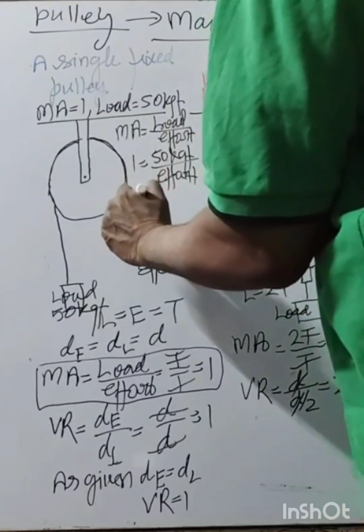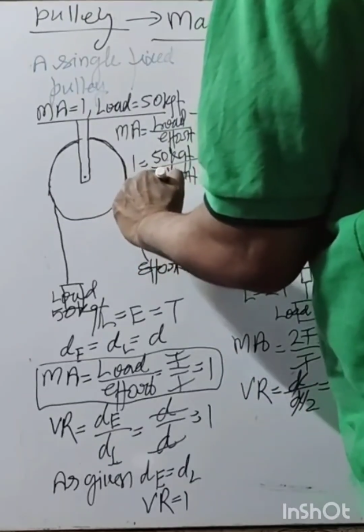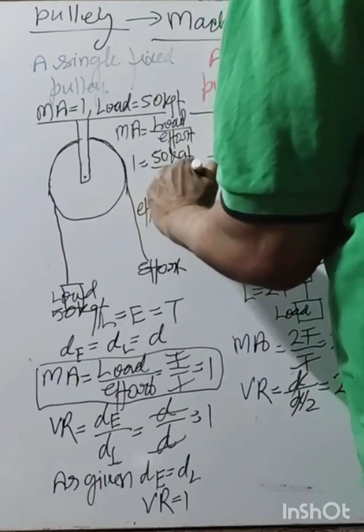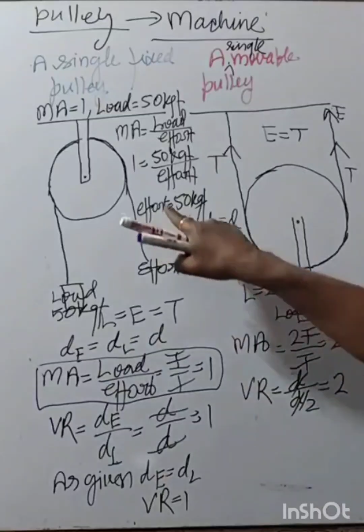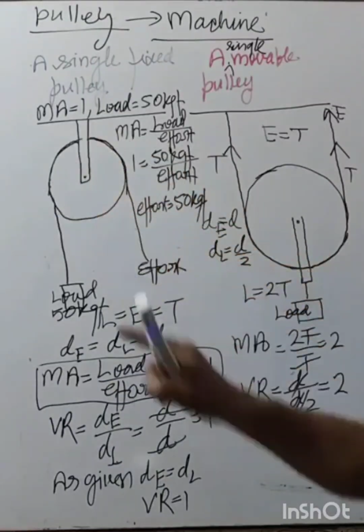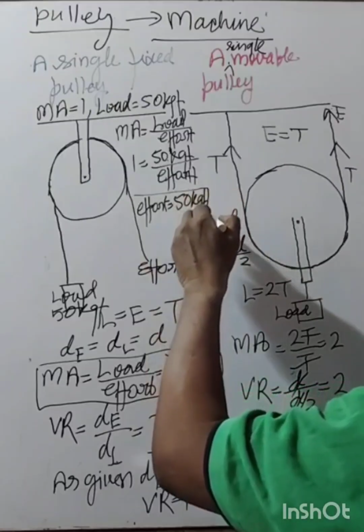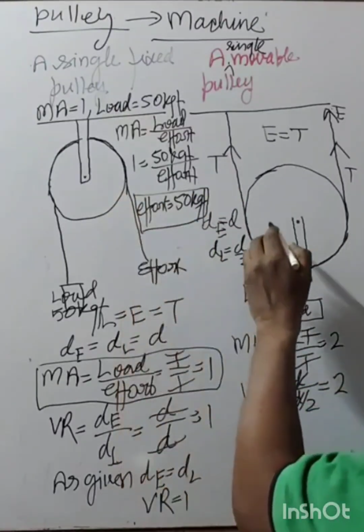So effort is equal to 50 kgf, right? This is the effort of 50 kgf in a single fixed pulley.